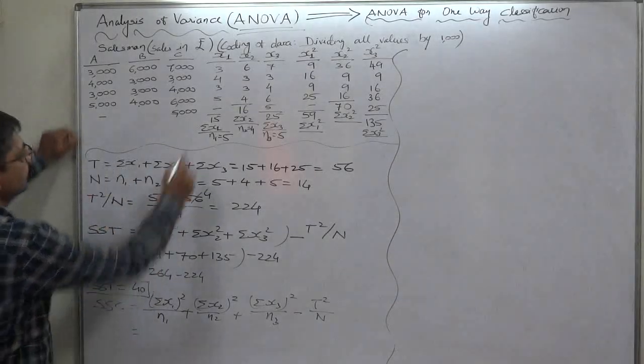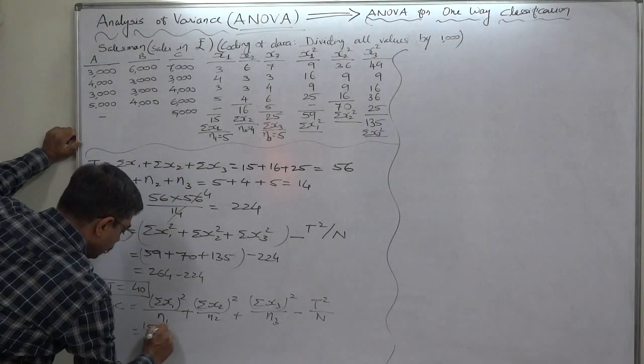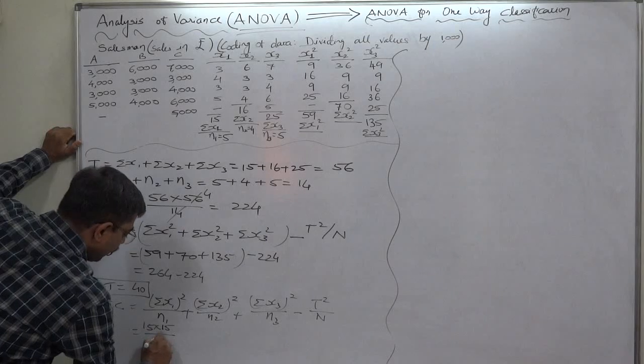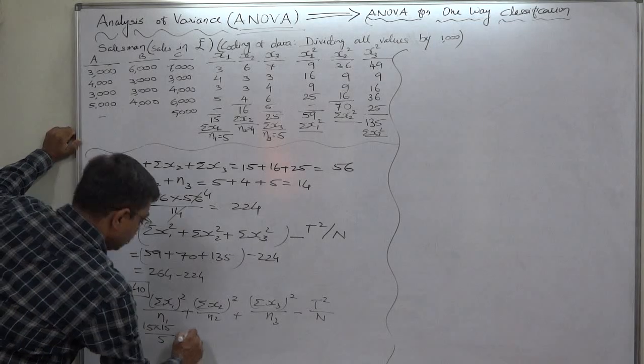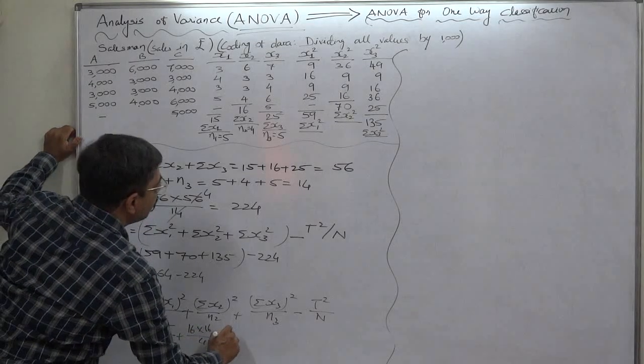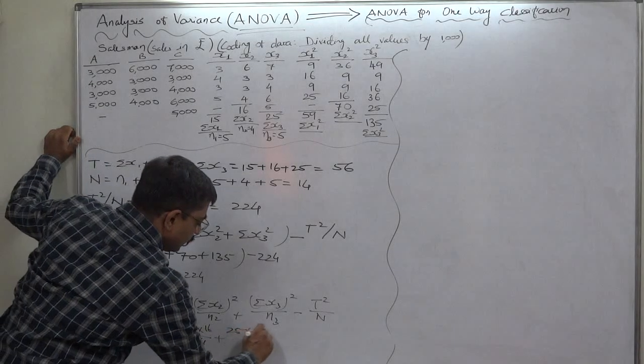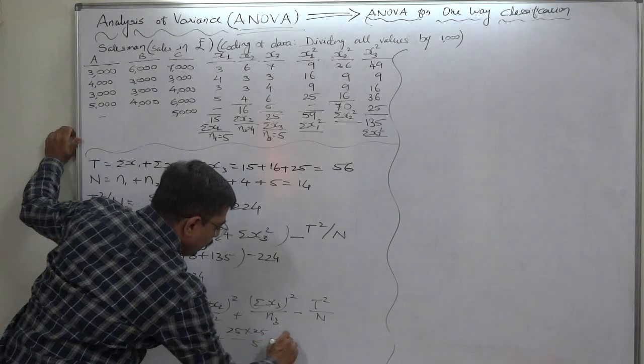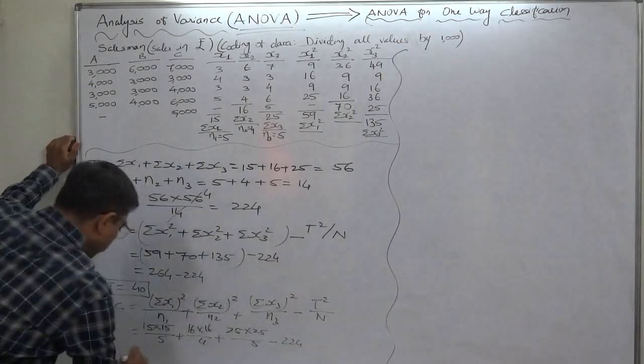That means 15 square divided by 5 plus 16 square divided by 4 plus 25 square divided by 5 minus 224.